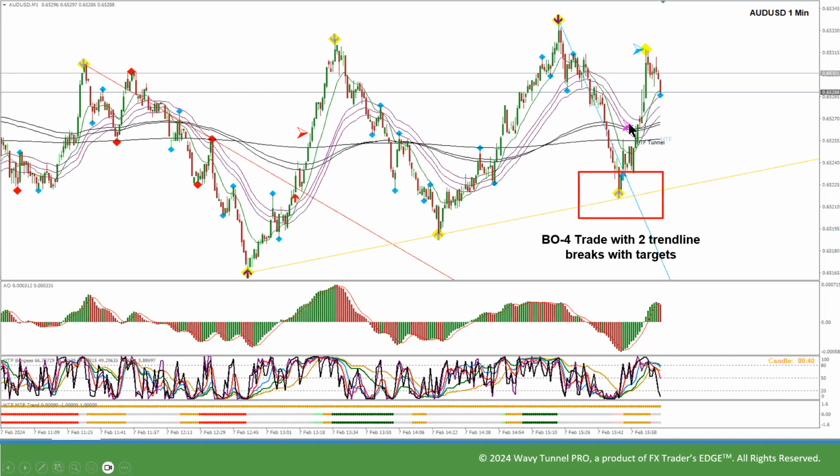This magenta is the one target, and this blue is the blue trend line target. We actually have the targets programmed in the MT4 platform. So this was a beautiful trade on the 1-minute chart right at the market open, and it hit both targets for the two trend line breaks. Just gorgeous. Okay.